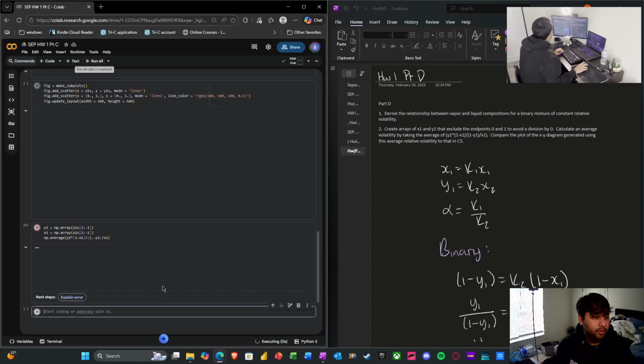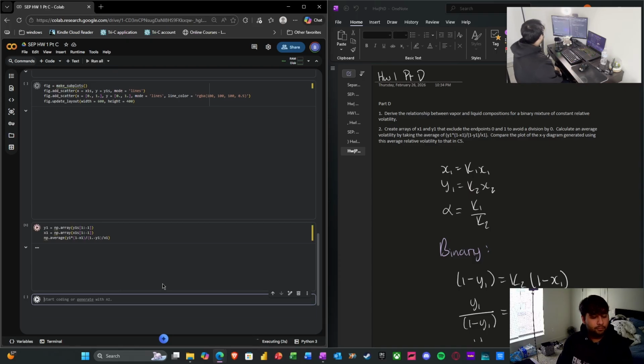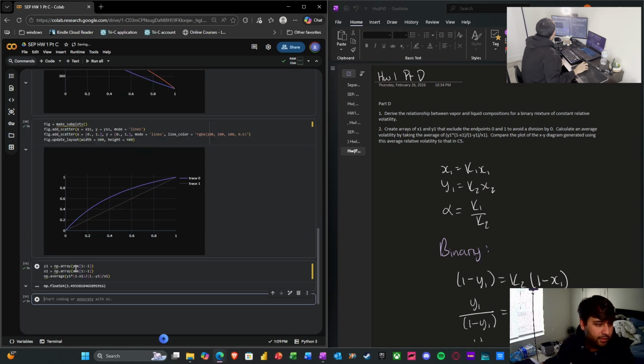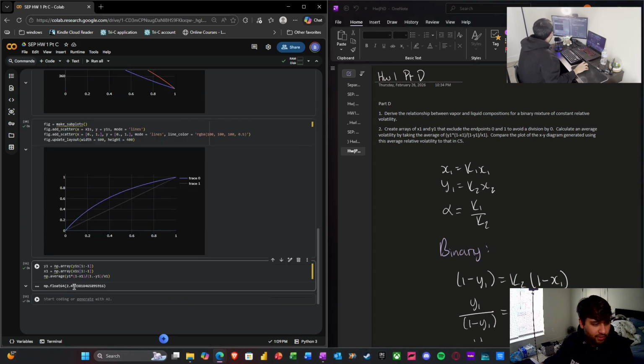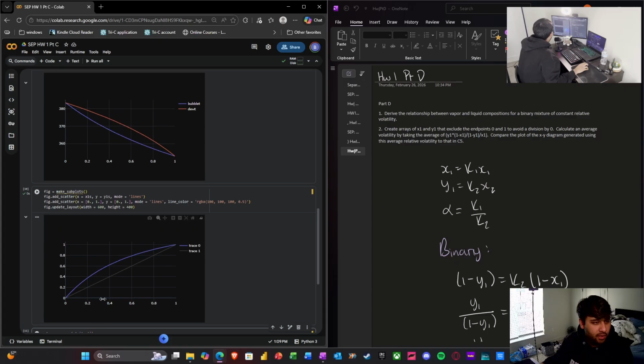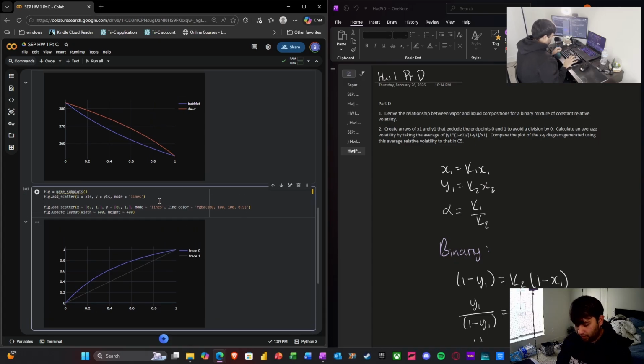Oh, I have to run all. Might take a second. There we go. So we have our average value. We're going to use this 2.49 here above. So we're going to go ahead and set our alpha.